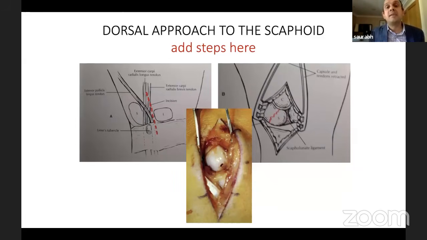Okay, then let's come to the dorsal approach. So I will look for proximal pole fractures. Now, like the distal radius, which we were talking about last Sunday, the workhorse for a hand surgeon is a dorsal approach. With a volar approach, you do very few things. One, you deal with a waist scaphoid. Two, a straightforward volar plating. Most of the work to the wrist is through a dorsal approach.